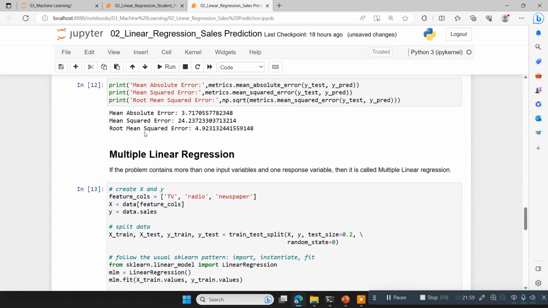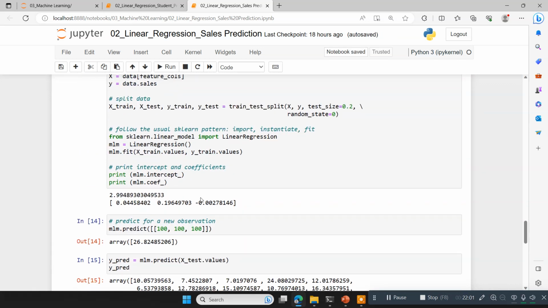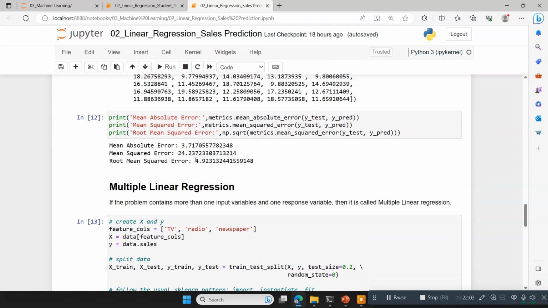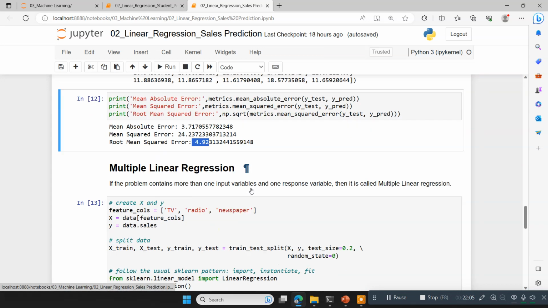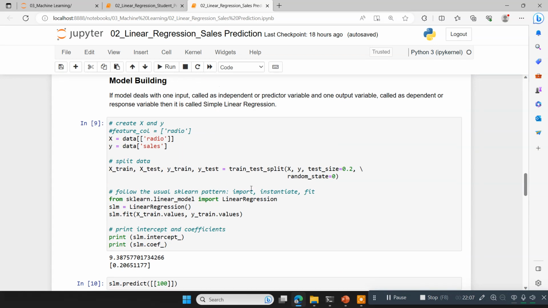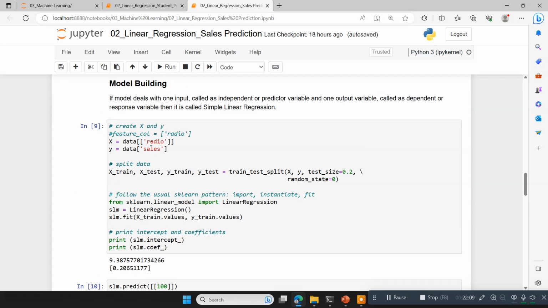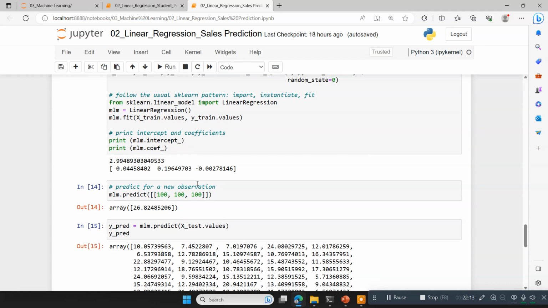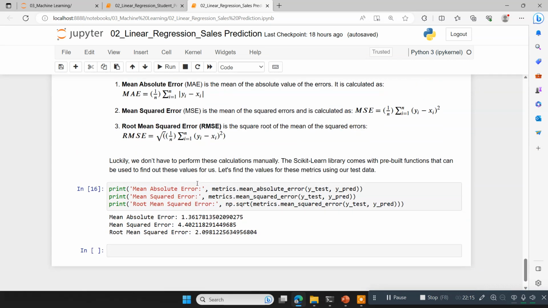With the simple linear regression model, we got an RMSE value of 4.92, and here, depending on the variable you take, radio or newspaper or TV, and here also you are getting 2.09.